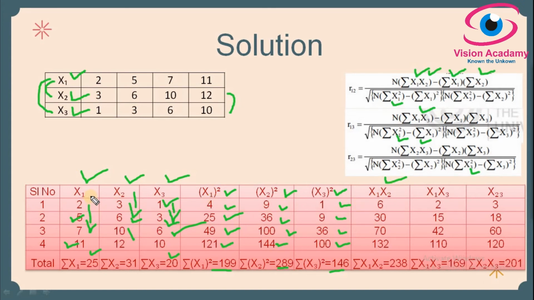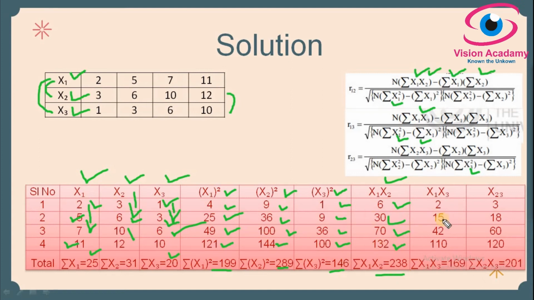So x1 is 2, x2 is 3, 2 into 3 is 6, 5 into 6 is 30, 7 into 10 is 70, 11 into 12 is 132. So summation x1 x2 is 238.